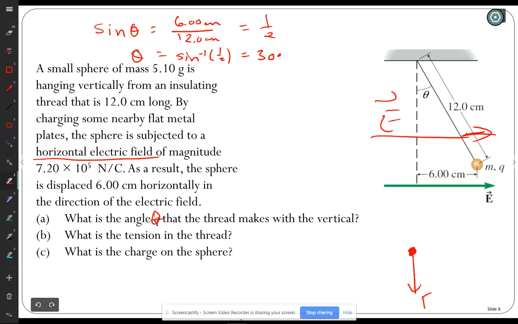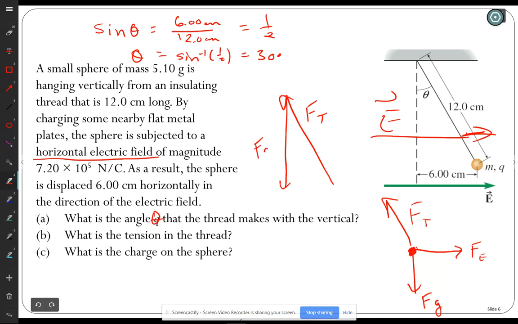You have the force of gravity acting downward, the force due to the electric field to the right, and the force of tension like this. So just like we did in class, last class period, I'm going to put force of tension, force of gravity, force electric. Here's my theta.